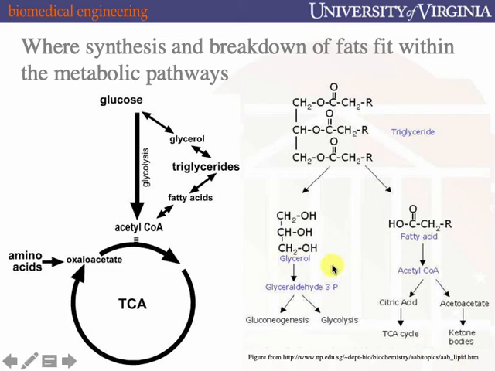And now the glyceraldehyde 3-phosphate can go up to that preparation cleavage step of glycolysis and get processed down in that way. So triglycerides themselves have a fork in the road, glycerol backbone feeding into the upper portions of glycolysis, and the acetyl-CoA molecules feeding at the entry point into the TCA cycle.